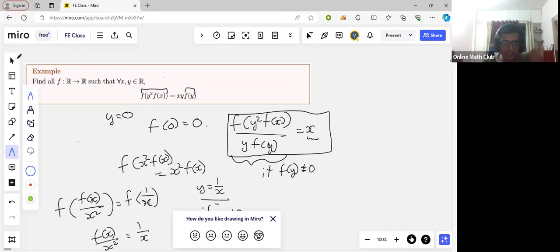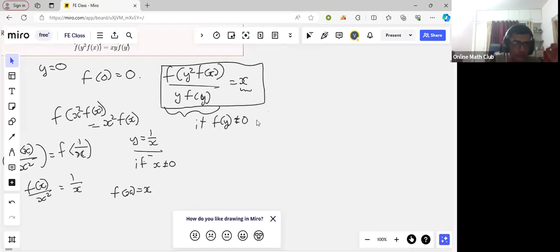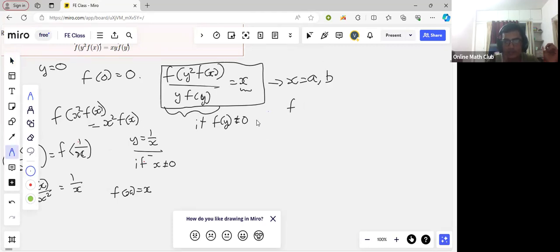So we have written x in terms of f of x, right? So the point is, if you put in this expression x equal to a and x equal to b, and if we have f of a equal to f of b, then we have that the LHS is the same for both a and b, right?